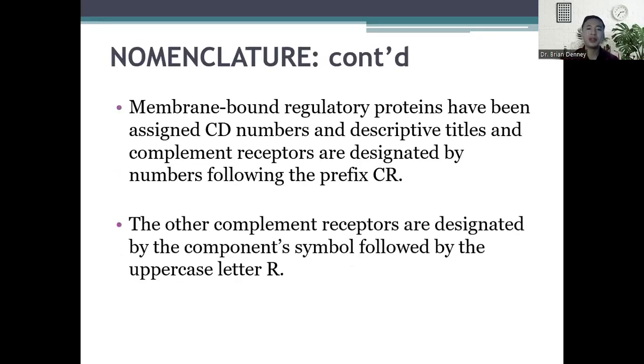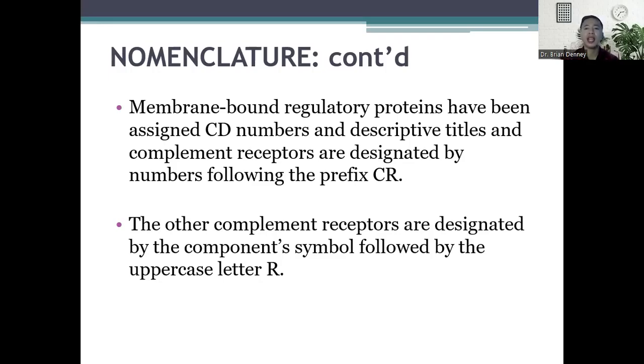The membrane-bound regulatory proteins have been assigned CD numbers and descriptive titles, and complement receptors are designated by numbers following the prefix CR. I actually placed in your notes a table summarizing the different CD numbers assigned for each regulatory protein.